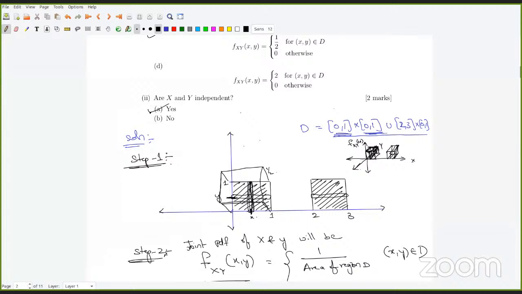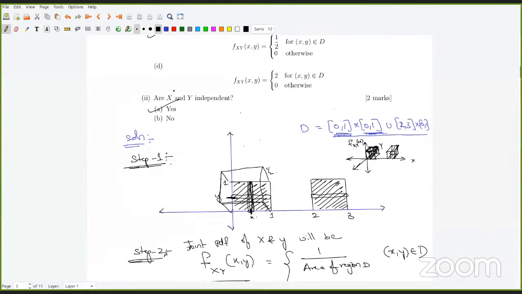If we look at the region we draw, in the previous session I guess, if the regions are not touching in any sense, then it's clearly dependent. If the region D had been 2 to 3 cross 2 to 3, a separate region on the upper side, we could have said it's not independent, right?